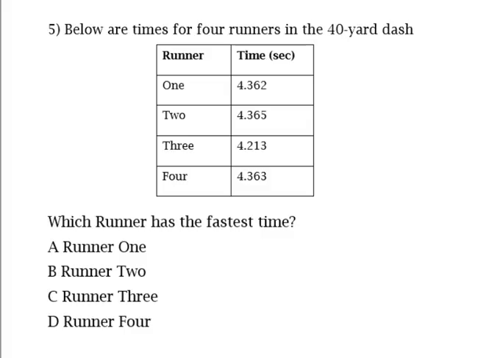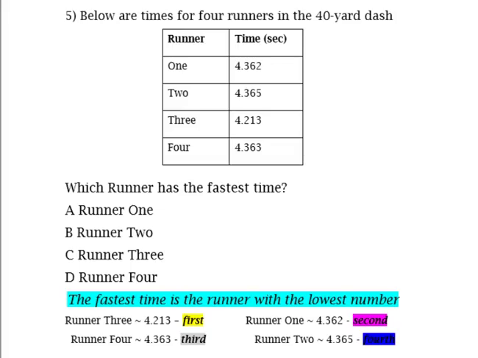Runner 4's time is 4.363. So we want to know which runner has the fastest time. And when we're saying the fastest time, that means the runner that has the lowest or the smallest number.